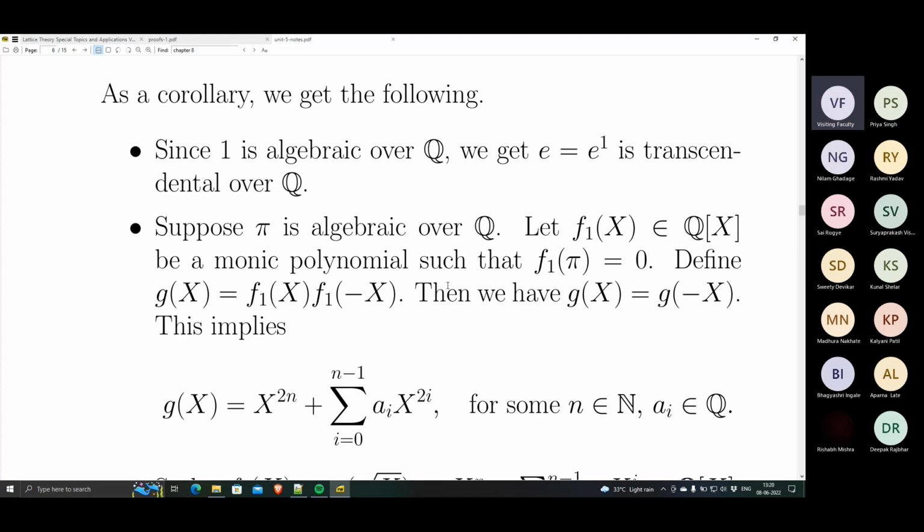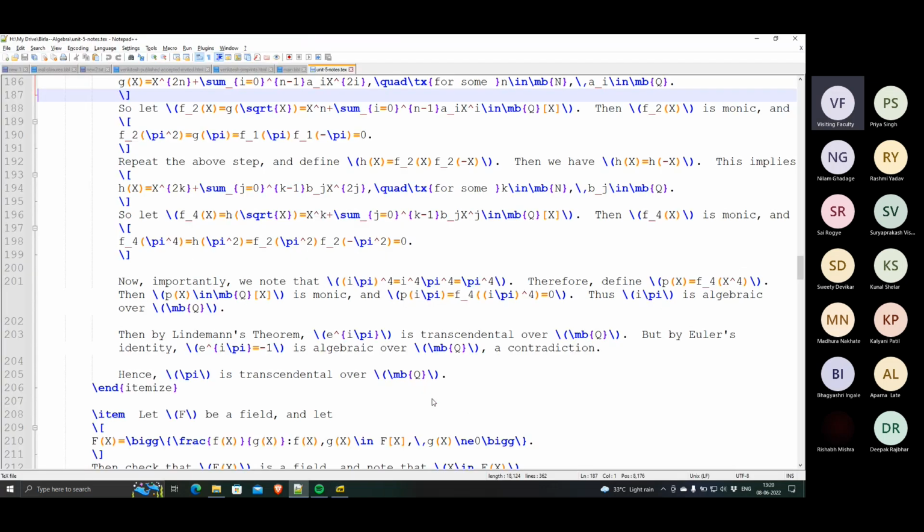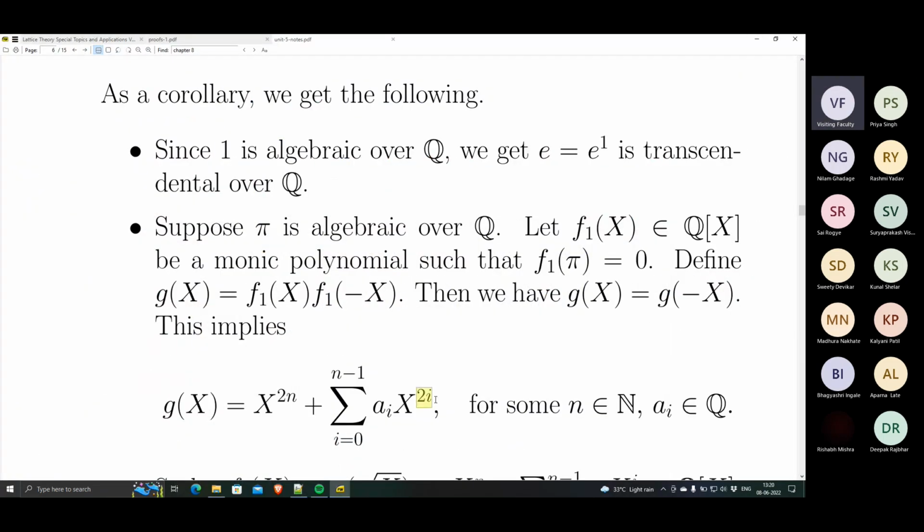It is monic because f1 is monic. So f1 times f1 of minus x is g, which is again monic. So the leading term is some x raised to 2n, even degree, for some n. We don't know what it is. Plus the lower order terms are again of the form x raised to 2i, so the degree is even.